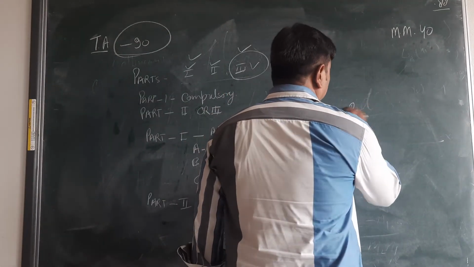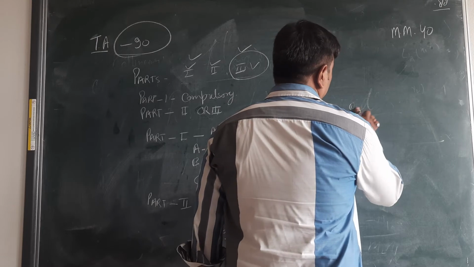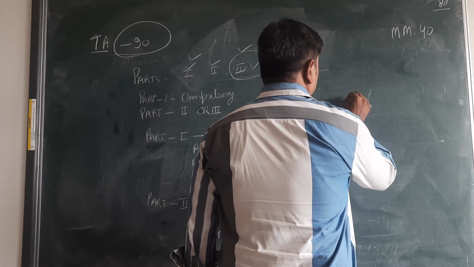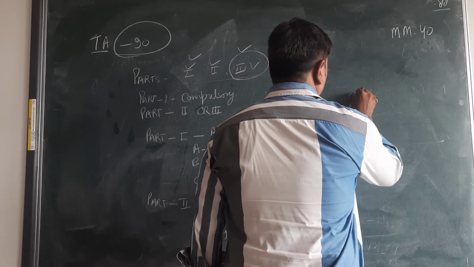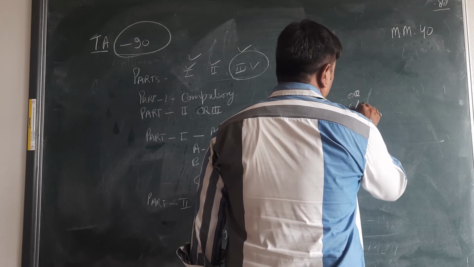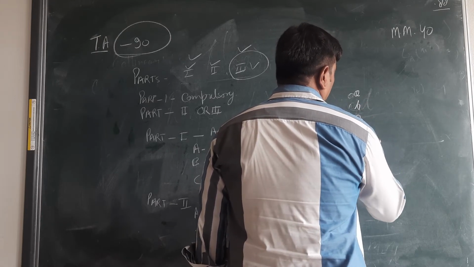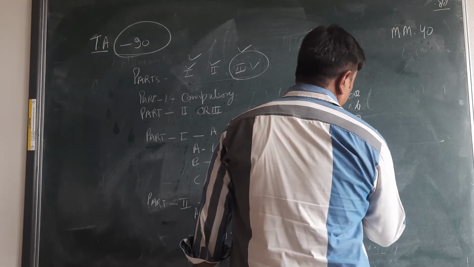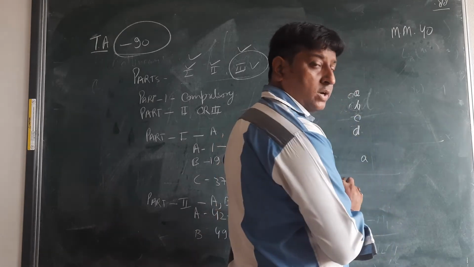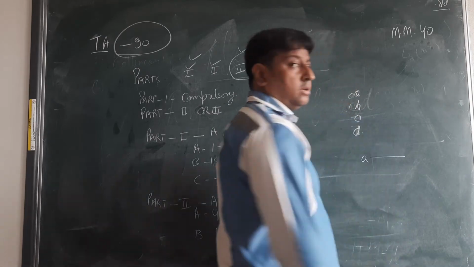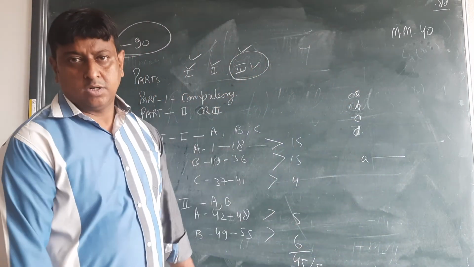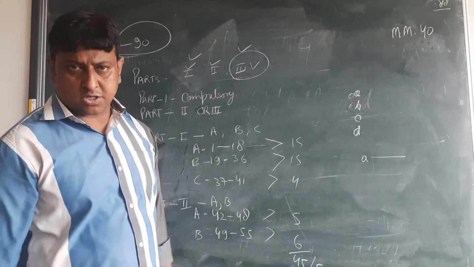If A is right, then write A and the answer also. A, B, C, D are given. This is the right system for attempting MCQ type questions.